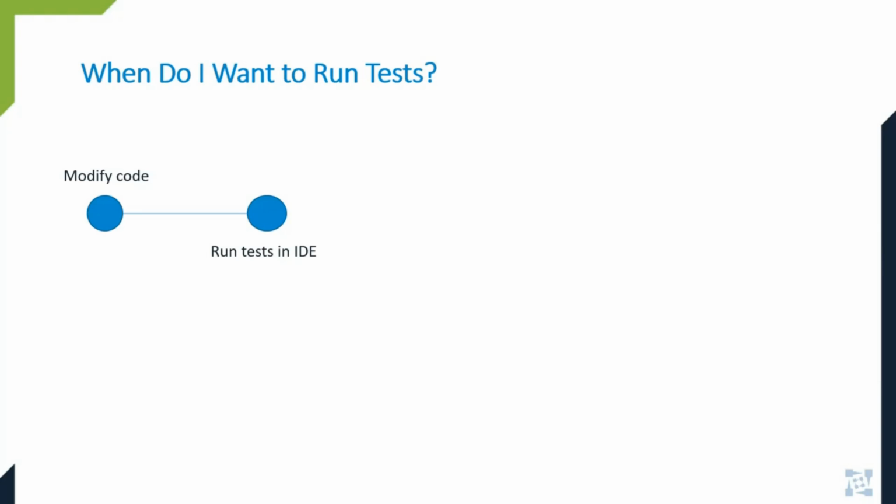So what are my options for when those tests are going to get run? So the first opportunity that I have to run those tests is in my local IDE, right, before I commit changes. Now, ideally, I would run all my unit tests, right? But that would require them to run pretty fast. So if they take like an hour to run, I'm probably not going to do that. In fact, some people say that from a guideline perspective, unit tests are supposed to run within like 1 second a piece, and the whole suite has to run within a minute.